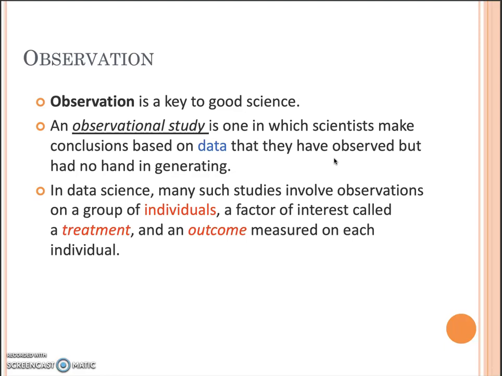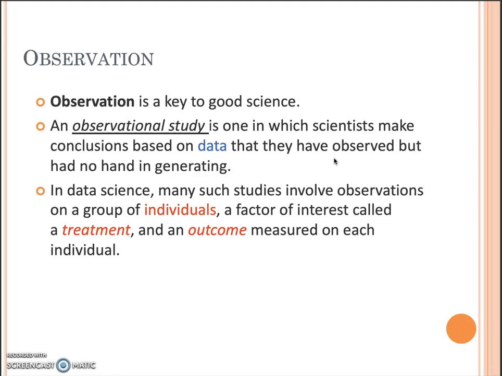So here the individual is the group we observe. This individual is not only humans or people. It can be a country, a state, different states, even animals. So that's the group of individuals we observe.